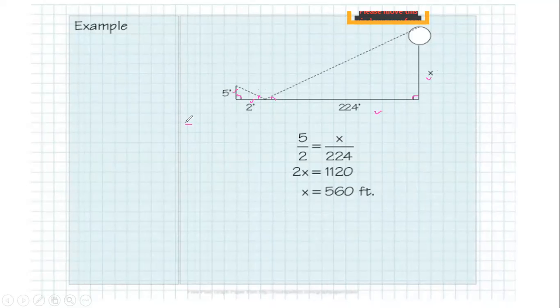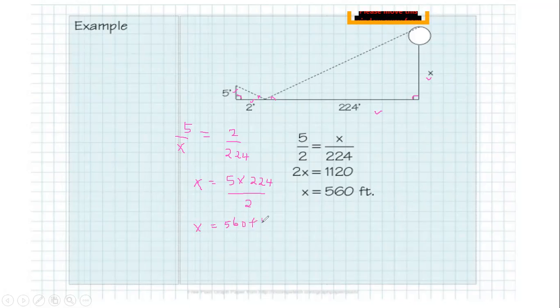So if you get 5 divided by x, this should be equal to 2 divided by 224. So x will be equivalent to 5 multiplied by 224 divided by 2. And you finally have x being equivalent to 560 feet.